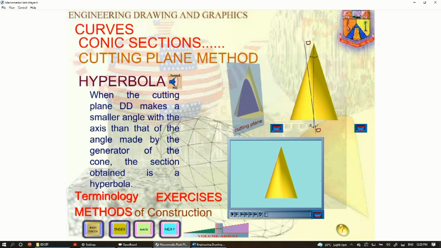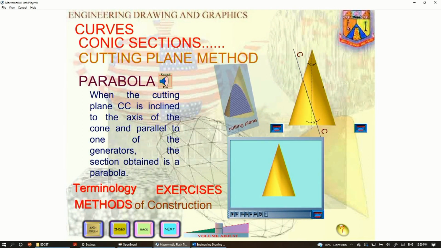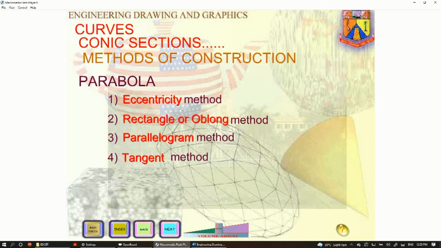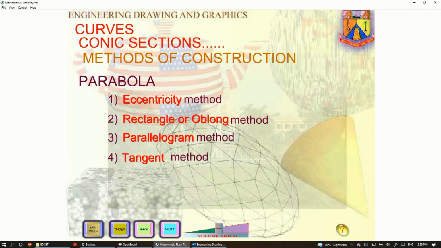But now, how to construct? There are various methods of construction. In a parabola, the methods are the eccentricity method, rectangle or oblong method, parallelogram method, and tangent methods. Normally the eccentricity method uses the ratio between the focal point and directrix. We already looked at it in the ellipse, and the same method we follow here.